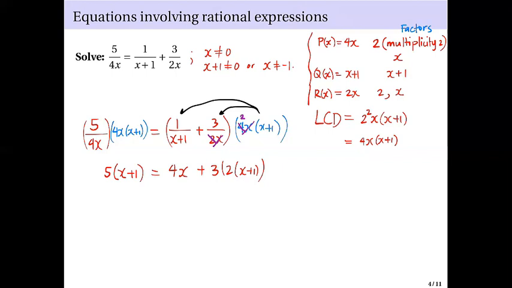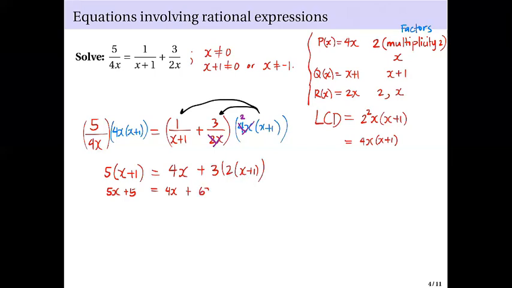All right. And then we just simplify. So on the left-hand side, we have 5x plus 5. On the right-hand side, we have 4x plus 3 times 2, that's 6 times x.